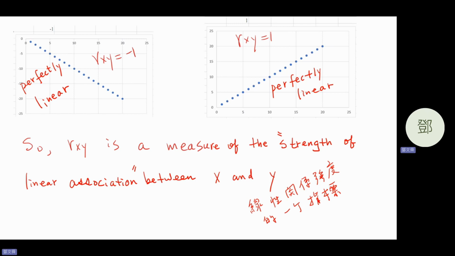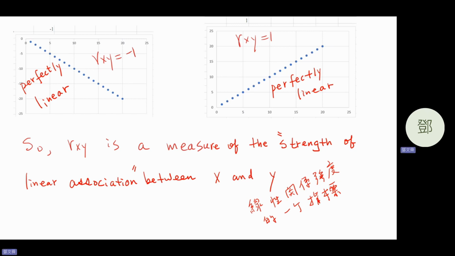So the perfect linear relation, the very center direction, is r equal to 1. So this is perfect linear, and this is also perfect linear, but negatively related. So r_xy is the measure of the strength of linear association between x and y.